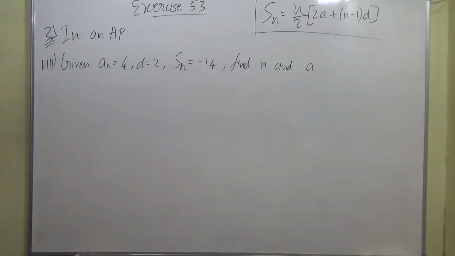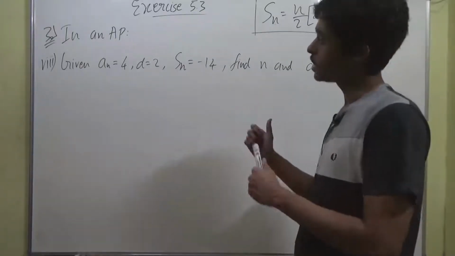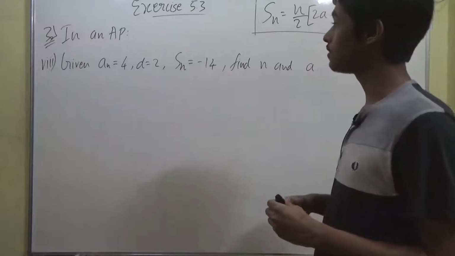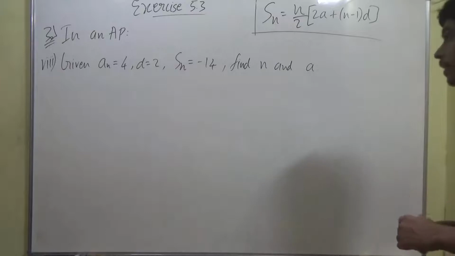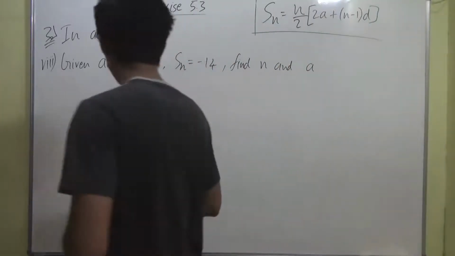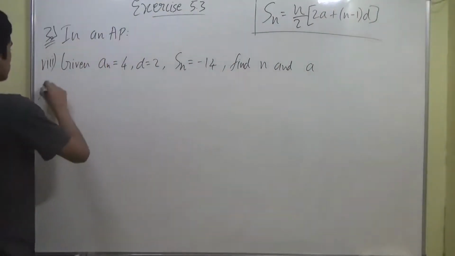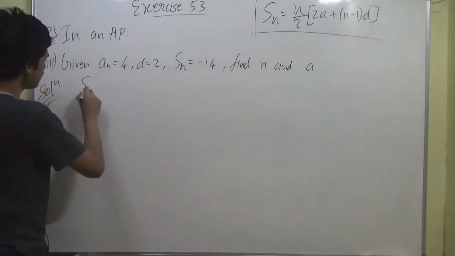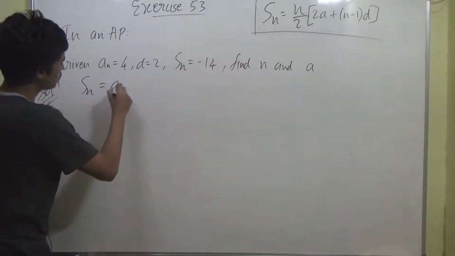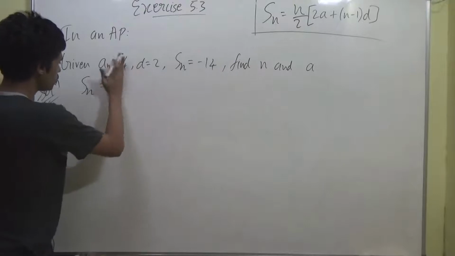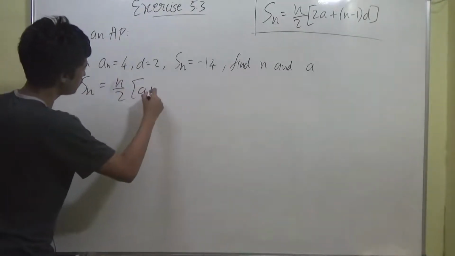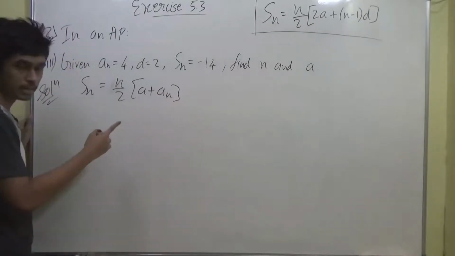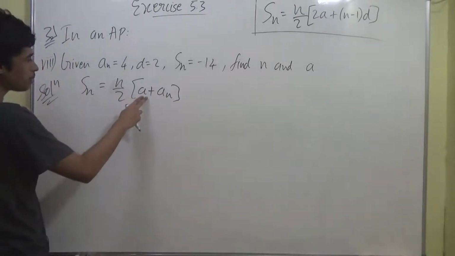Okay guys, now let's go to the sub question number 8 of your question number 3, which says: given a n equal to 4, d equal to 2, s of n equal to minus 14, find n and a. Okay guys, so we know one formula, where s of n equal to n by 2 into (2a plus (n minus 1) into d).